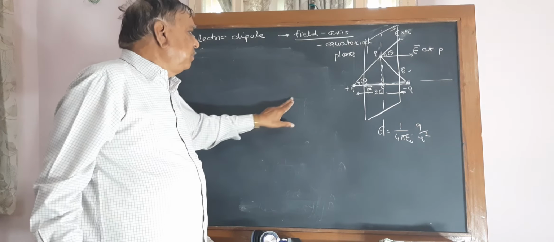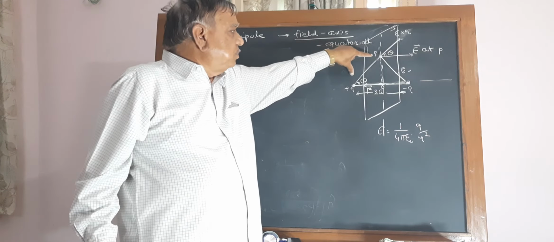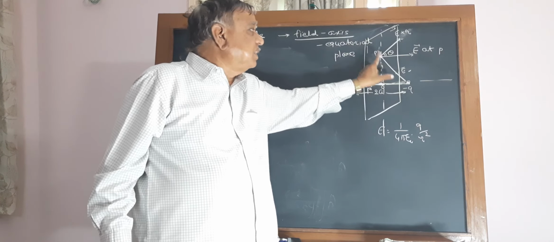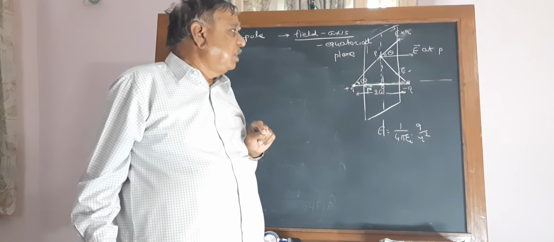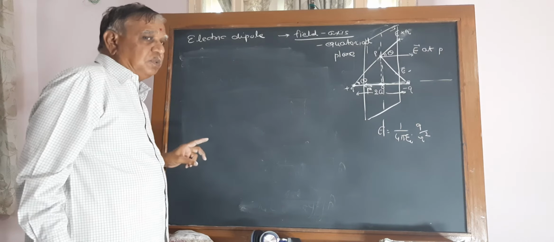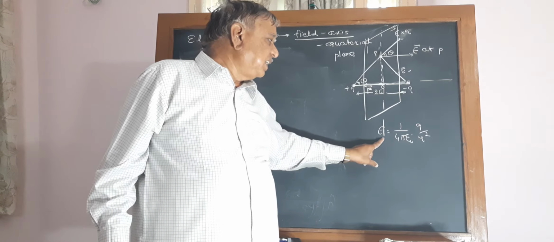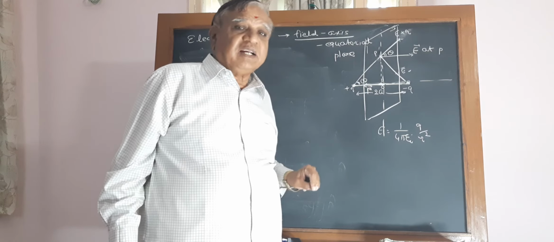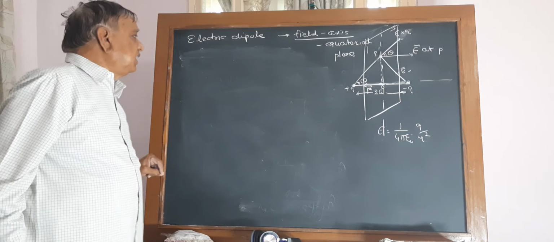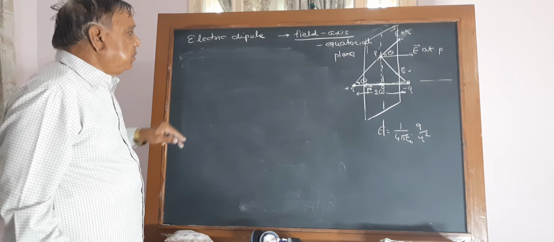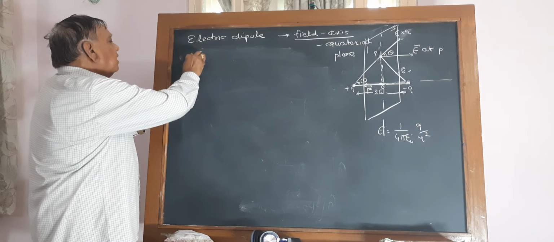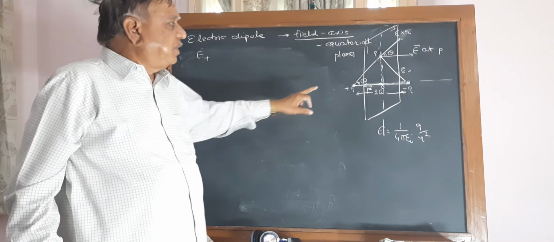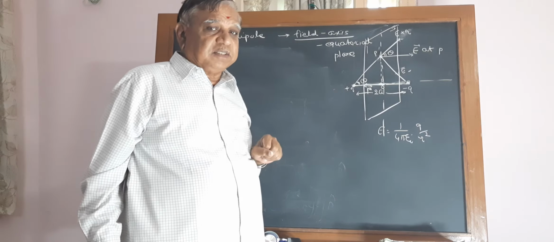Then we can find the field due to the positive charge at point P and the field due to the negative charge at point P individually. As you know, the field due to a point charge is E equal to 1 upon 4 pi epsilon 0 Q by R square. Here we are taking the magnitude of the field E plus at point P due to the positive charge.